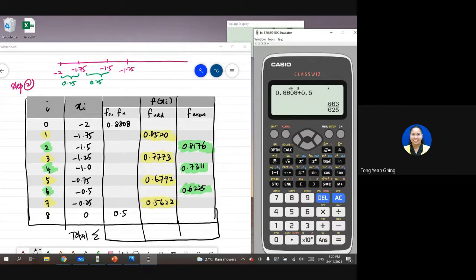So we get 1.3808. Okay, and then this one 0.852 plus 0.7773 plus 0.6792 plus 0.5622. So you get 2.8707.